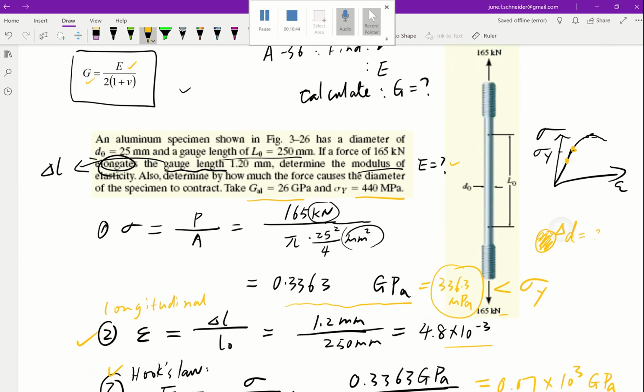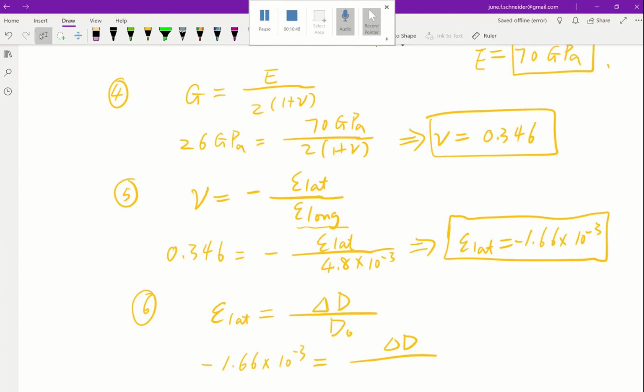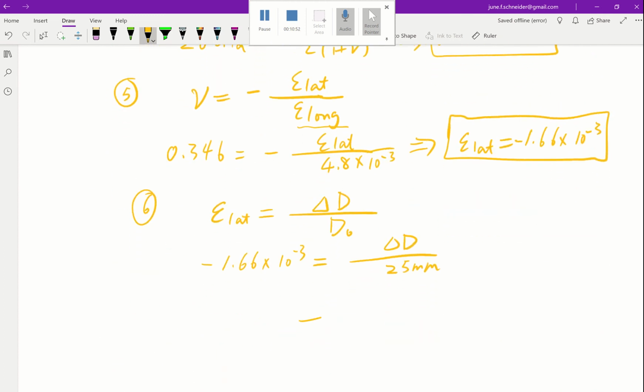Is that given? Which is this value, the 25 millimeter. So knowing that, we can figure out how much it has shrunk in the lateral direction. So 1.66 times 25, I have about negative 41.52 times 10 to the negative 3 millimeter.